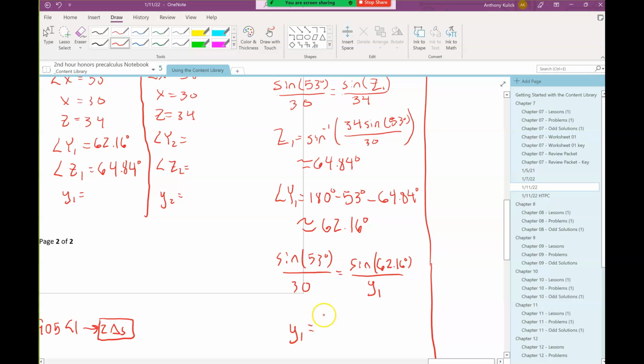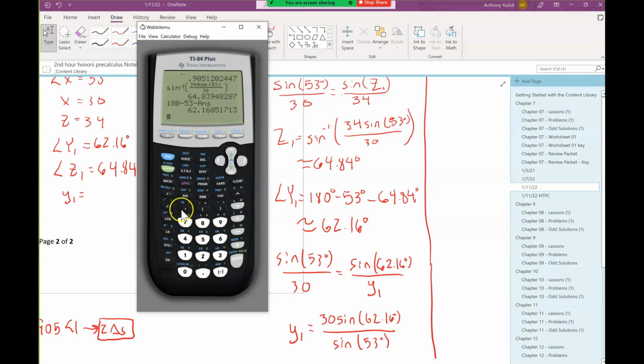We'll go ahead and cross multiply and divide by sine 53. And then it's just my old friend calculator. Bust him out.